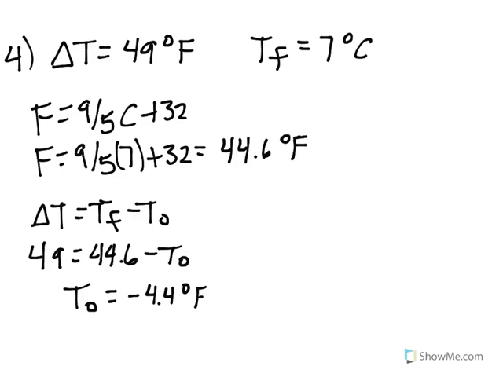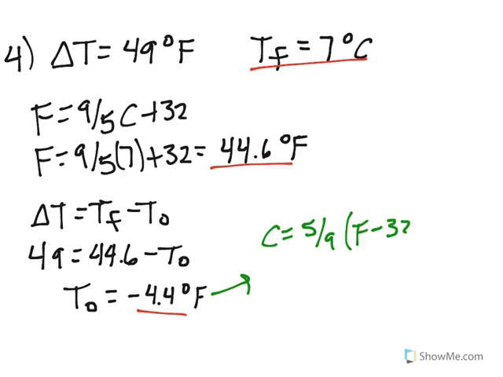So now I have both my initial and final temperatures in Fahrenheit, I already have the final temperature in Celsius. Now I need to find what's the initial temperature in Celsius. So I take this number and I have my conversion to Celsius, and I plug that in.